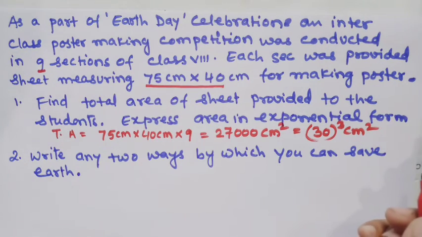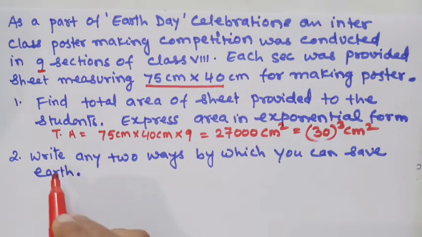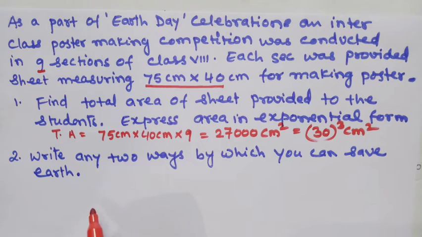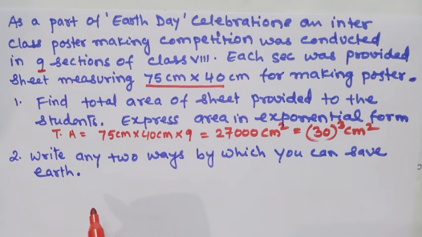Now, next question is, write any 2 ways by which you can save earth. My dear children, people have already said that, and we also know Mother Earth has everything for our need and nothing for our greed.